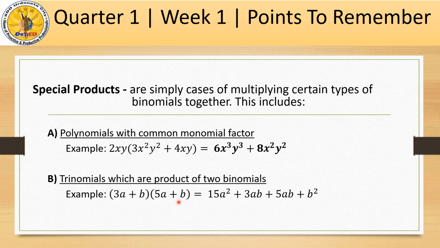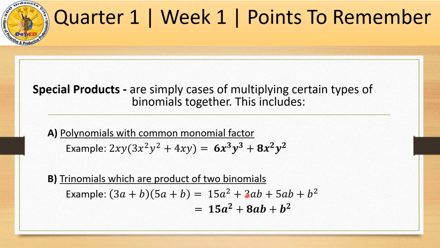The outer ngayon. So, 3a multiplied by b. So, it will give us a product of 3ab plus the inner. b multiplied by 5a is equal to 5ab plus the last terms. b multiplied by b is equal to b squared.